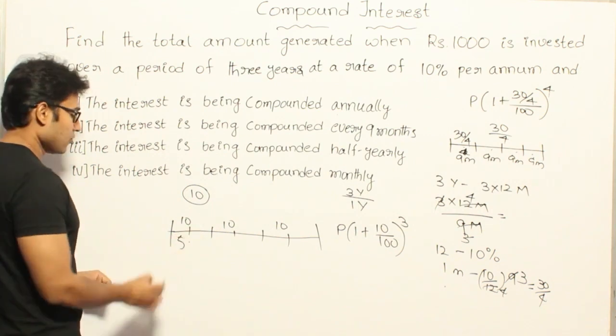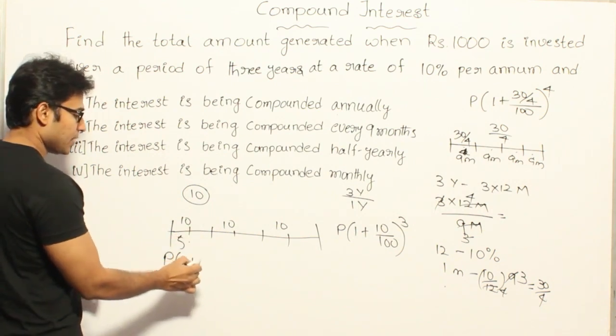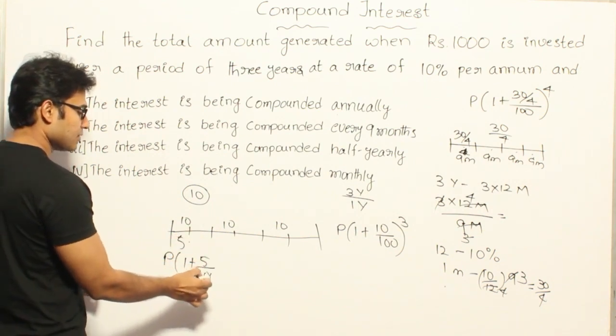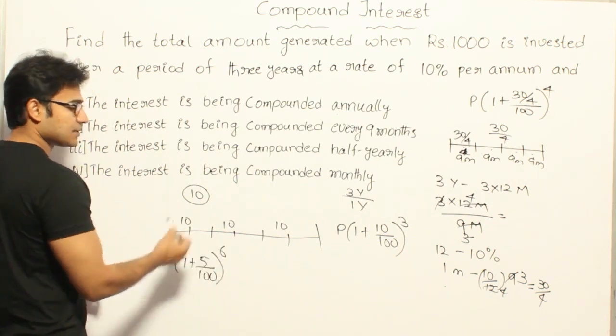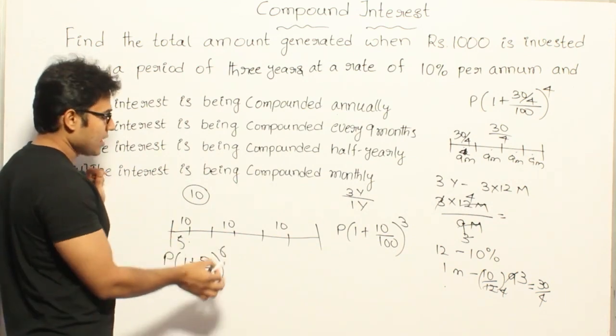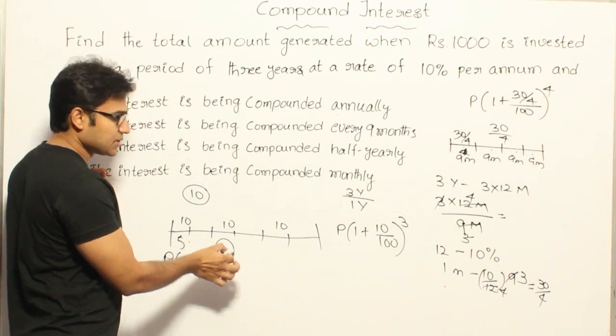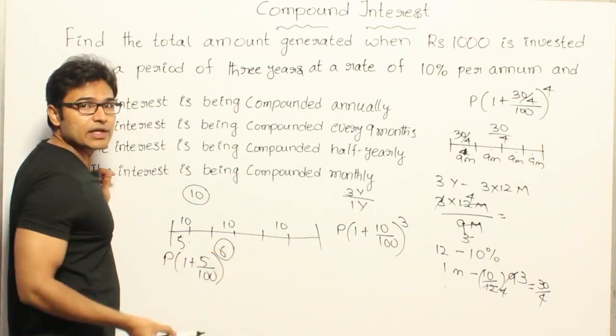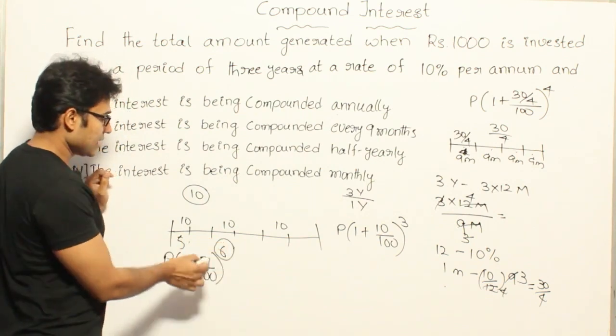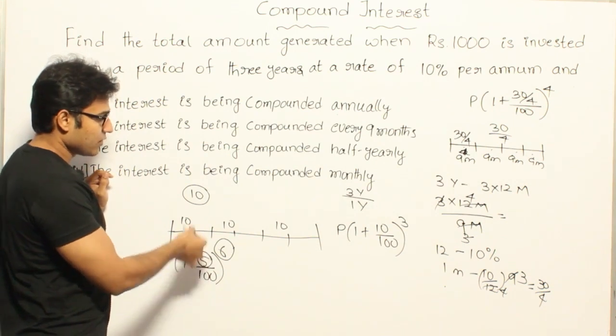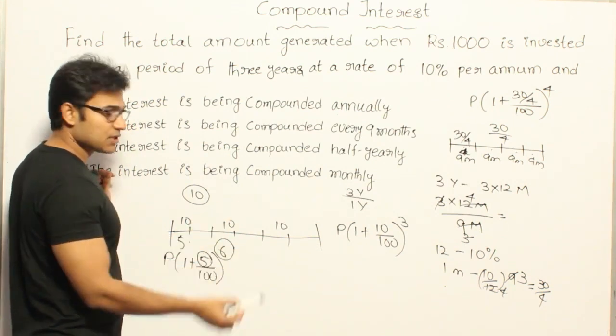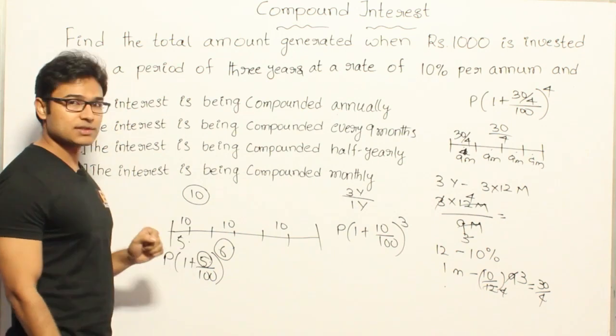Got it? Therefore it is P into 1 plus 5 by 100 whole power 6. Are you getting this? Why? Because the total number of slots is going to be 6. In 3 years there are going to be 6 half years and if for 1 year the interest is 10%, then for 6 months it is going to be 5. That is why 5 and 6.